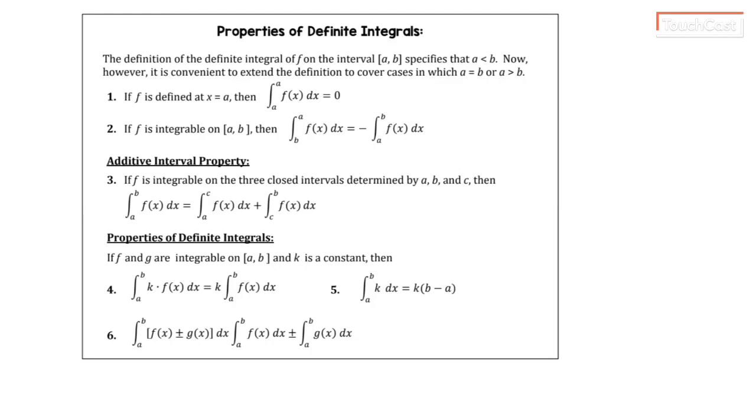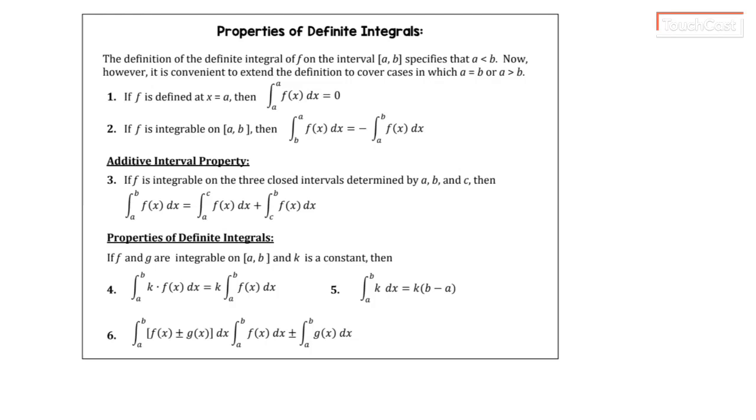And then we can also say if f is integrable on a to b, then the integral from b to a of the function is equal to the opposite of the integral from a to b.